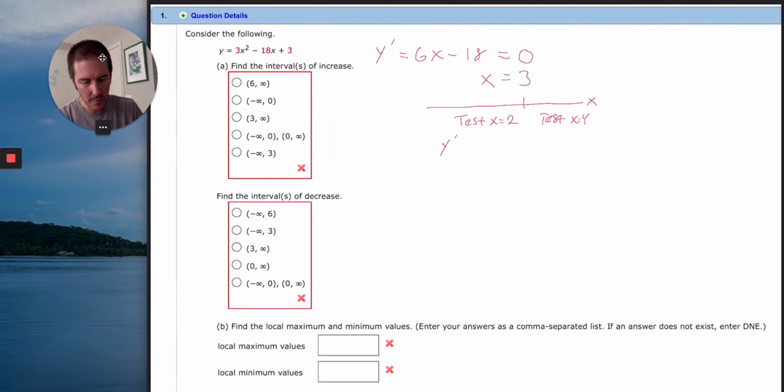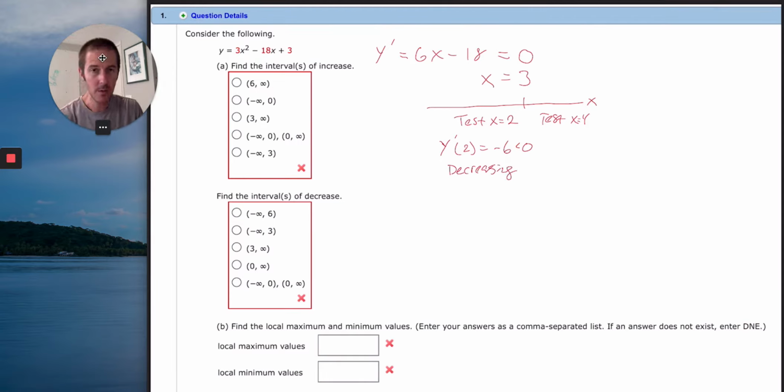This is atypical, but I'm going to use function notation, and call it y prime of 2. So we'll take the x value of 2, plug it into the y prime, or first derivative, equation. We've got 12 minus 18, which is negative 6, which is less than 0. Therefore, we can say that our function is decreasing.